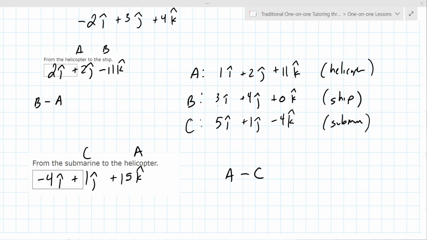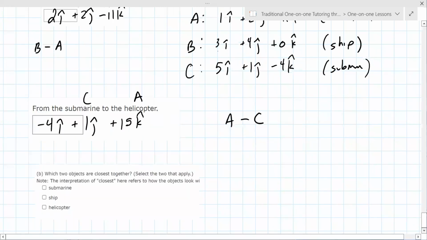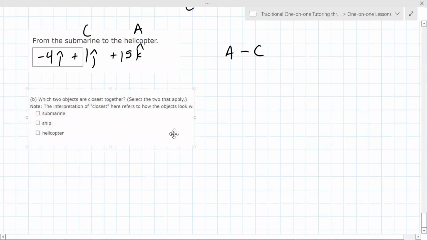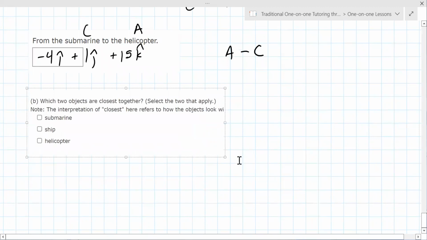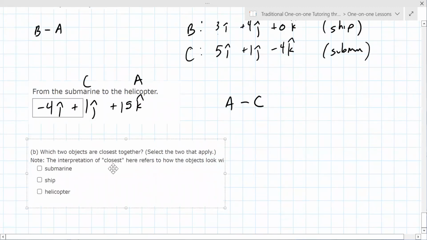So now it wants you to figure out which two objects are closest together. So what you really have to do is find the distance between all three of them.